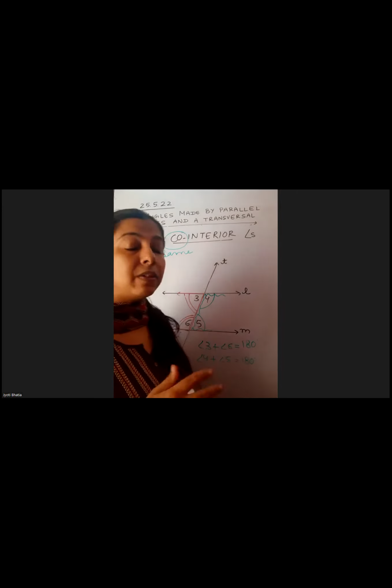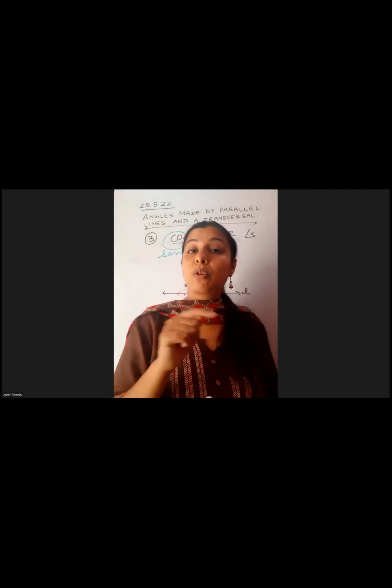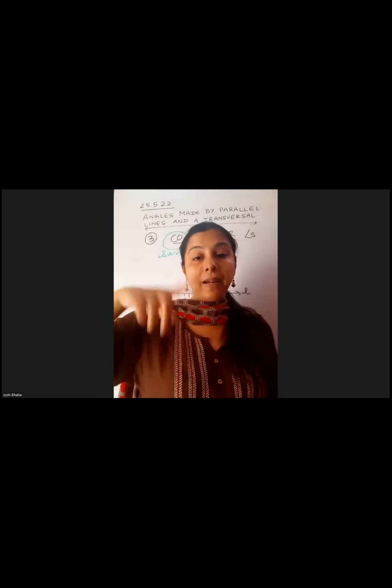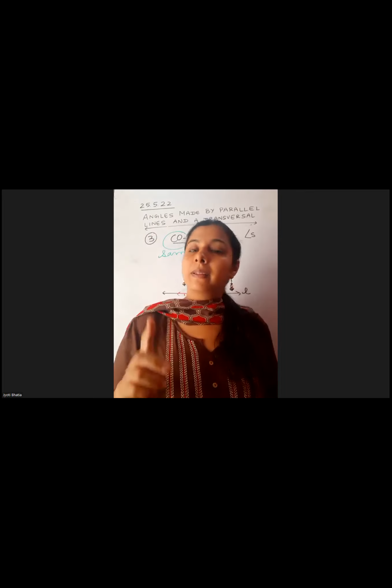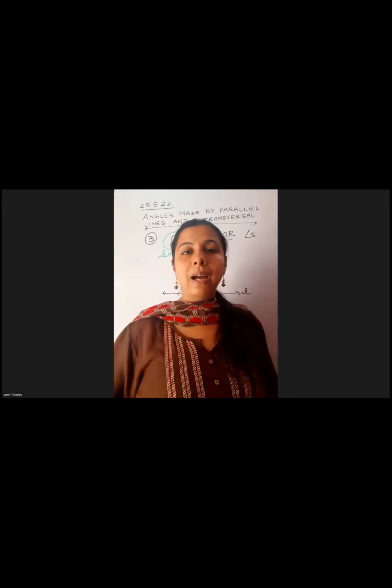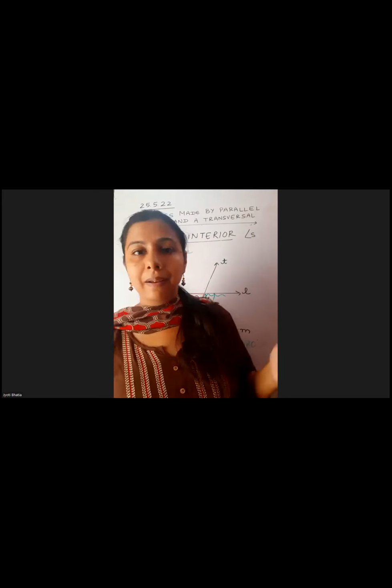And vice versa. Vice versa means the converse is always true. That is, if you have two lines in which corresponding angles are equal, then the lines will be parallel. If two lines where alternate angles are equal, then also lines will be parallel. And if co-interior angles are supplementary, then also lines will be parallel.